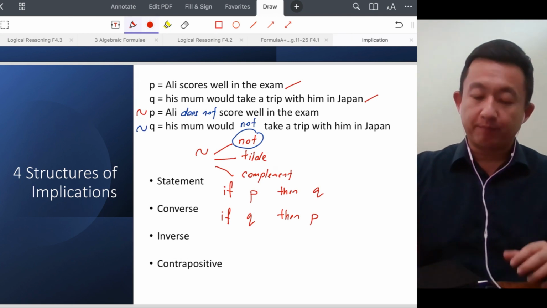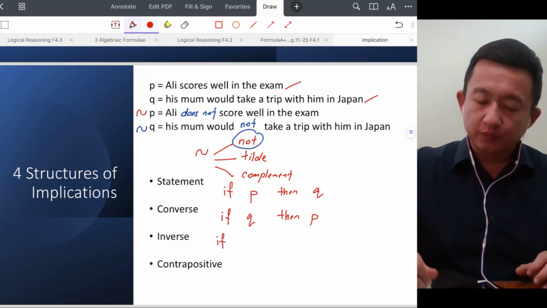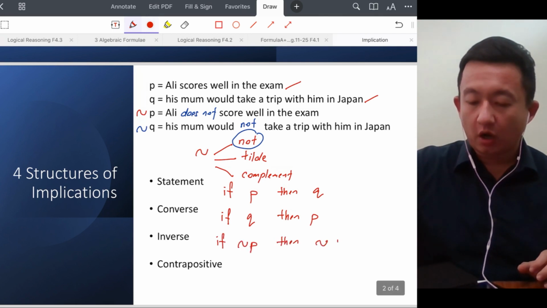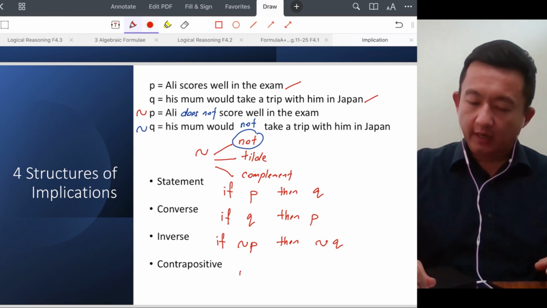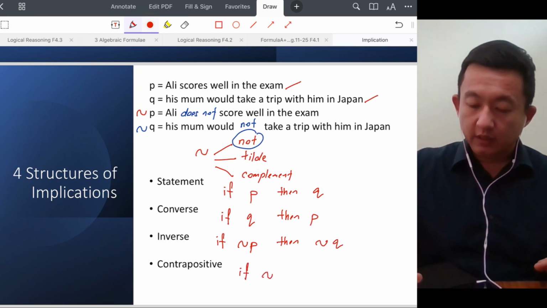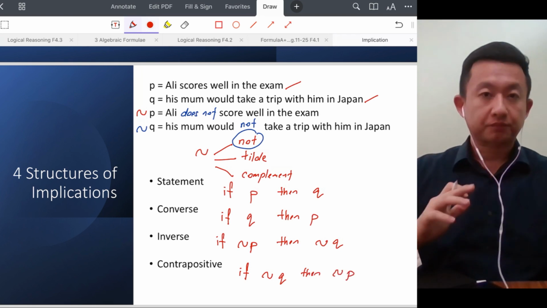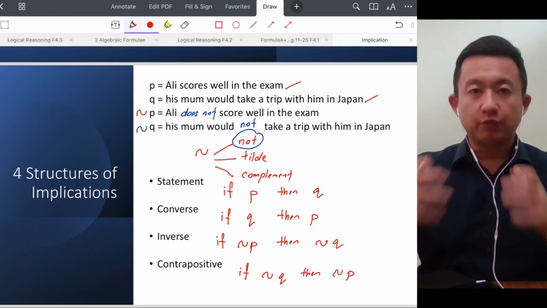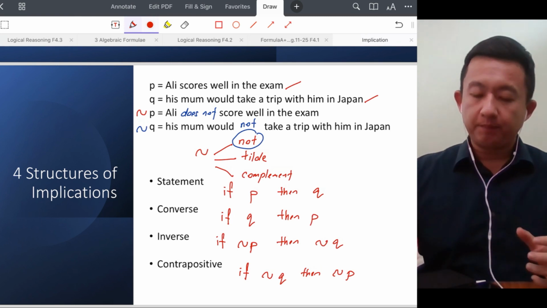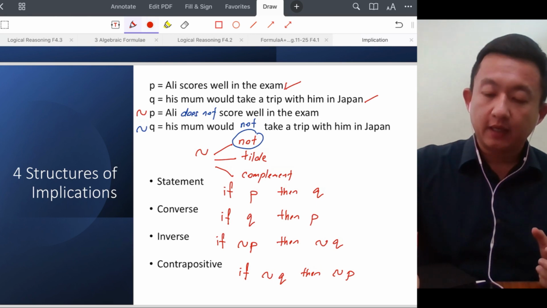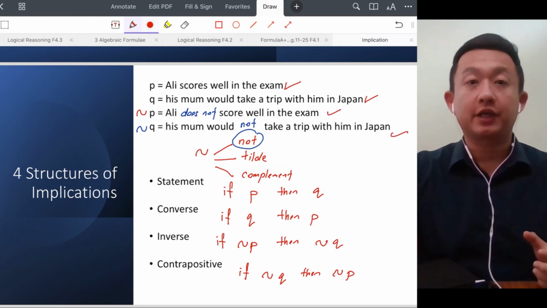If Q, then P. And the inverse, if not P, then not Q. And the contrapositive, if not Q, then not P. Okay? So this is very important. You must be able to form these four types of implications by using P, Q, not P, and not Q.